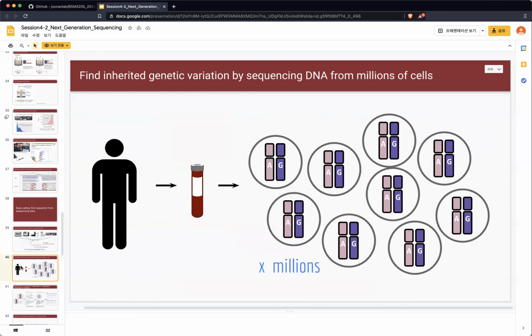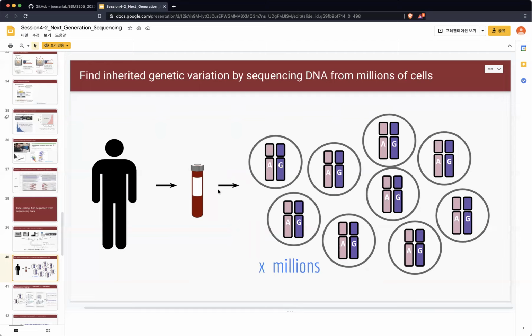So what I want to show you is, if you look at someone's genome and you do the sequencing, let's assume that you are a doctor, or some person screening the DNA information. The first thing is you collect blood samples from the person, so you collect 5 milliliters of blood.